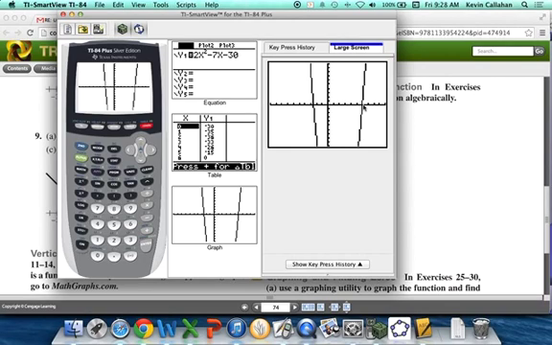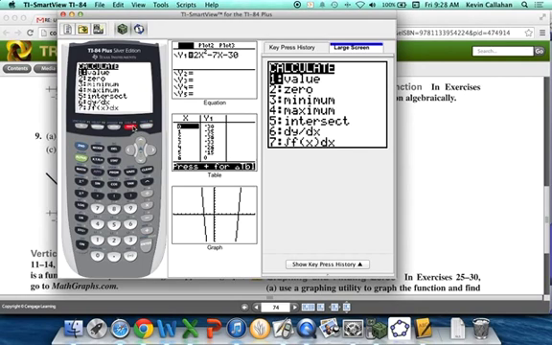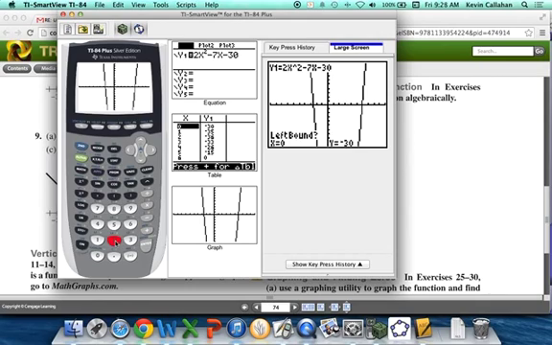But if you remember, if you have to find the 0 that's not right in your table of values, that's second trace and 2 for 0. Right? And then for the left bound, I'm going to enter an x value over here. Let's say -5. For the right bound, I'll put an x value to the right. And then I'll guess. And it looks like it's -2.5.